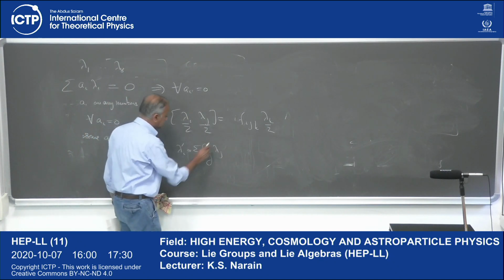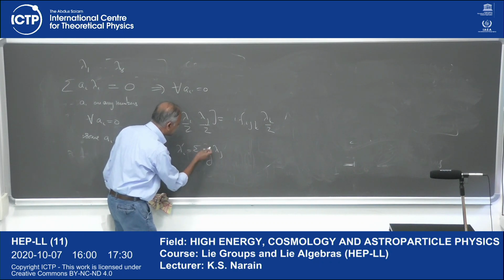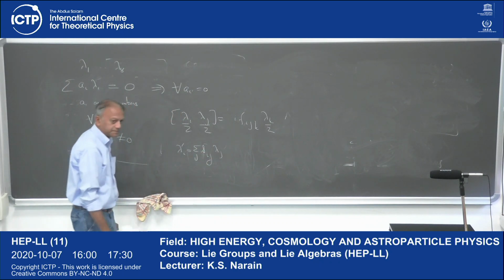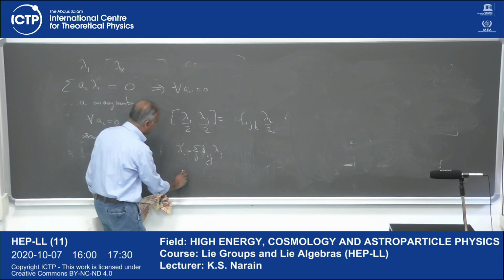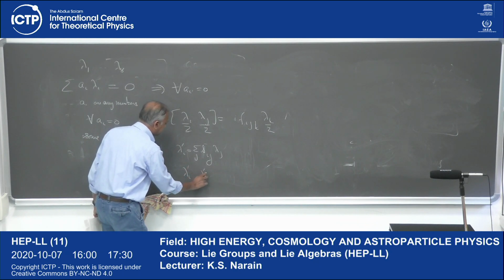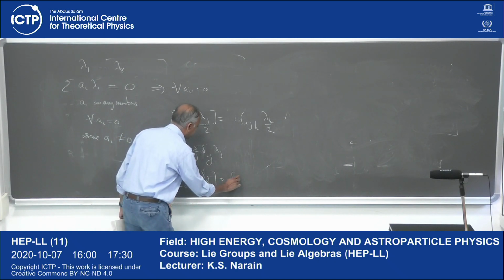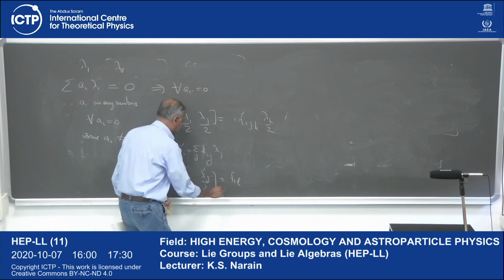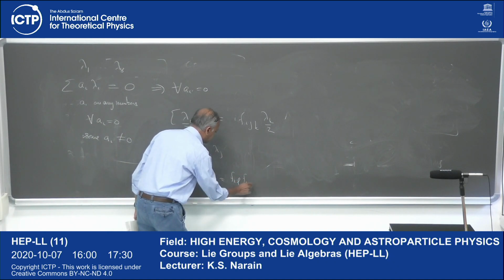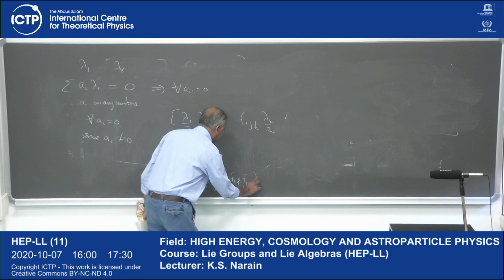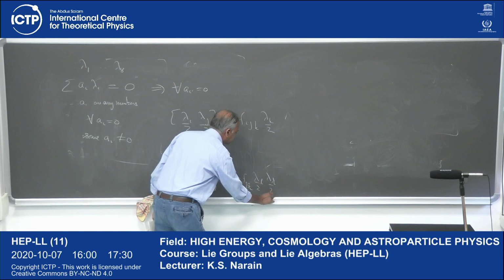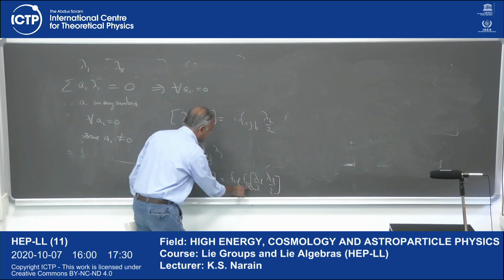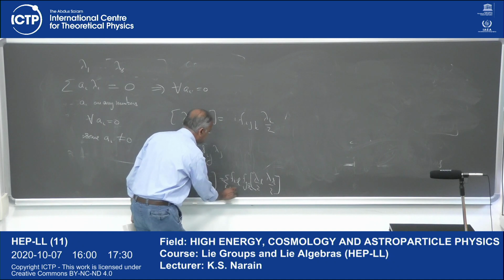Let me not use the same f, let's call it S, S_ij. I have already used f for this. Then if you look at the commutator of lambda prime i and lambda prime j over 2, that's the same as S_il S_jr times the commutator of lambda_l and lambda_r over 2, with l and r summed over.